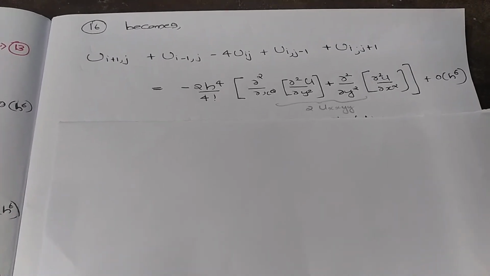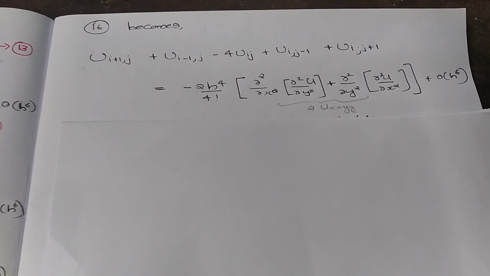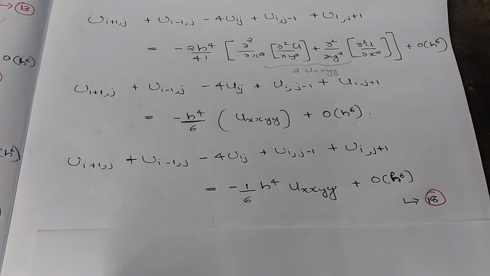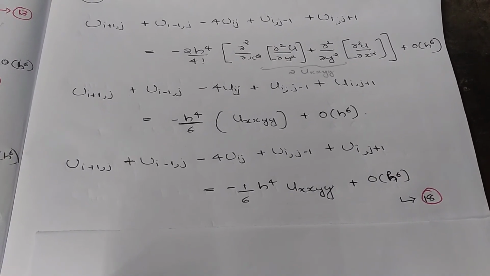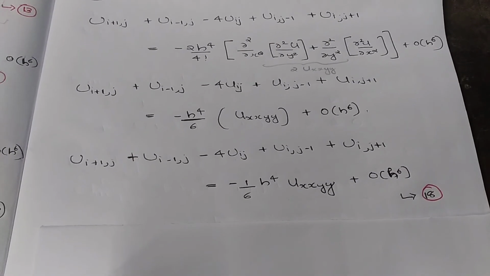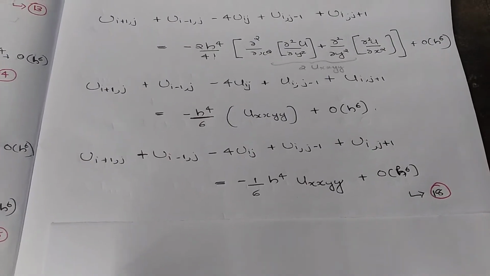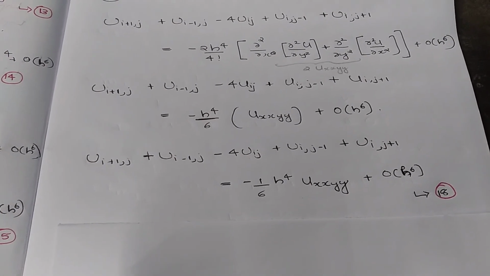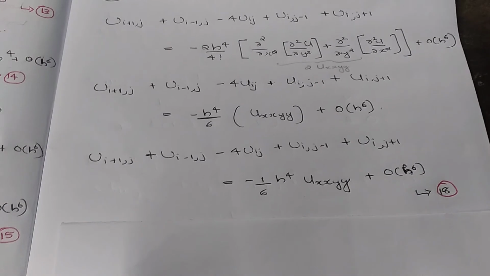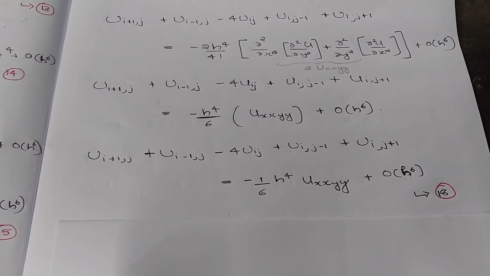Changing it, we get minus h raised to 4 by 6 times u_xxyy plus other terms of h raised to 6.